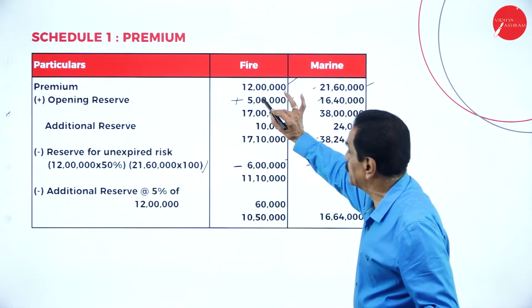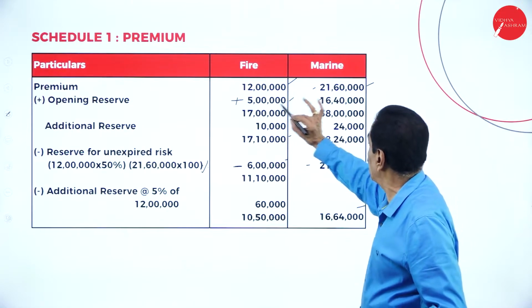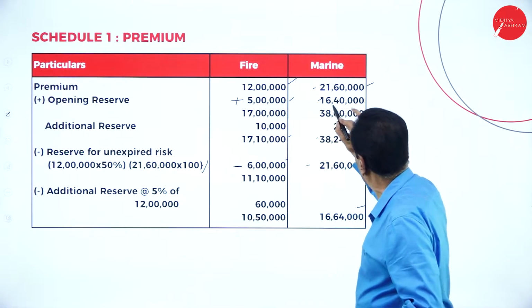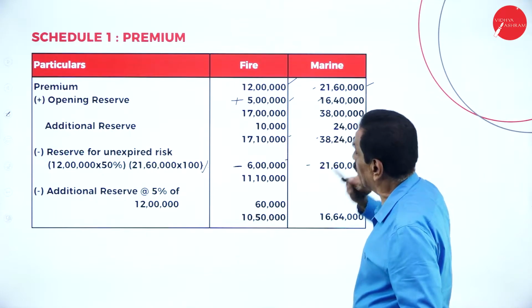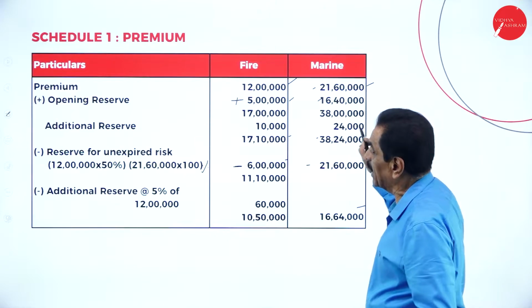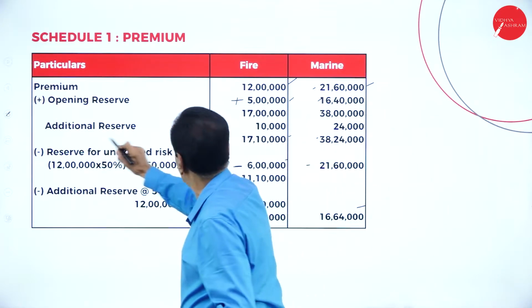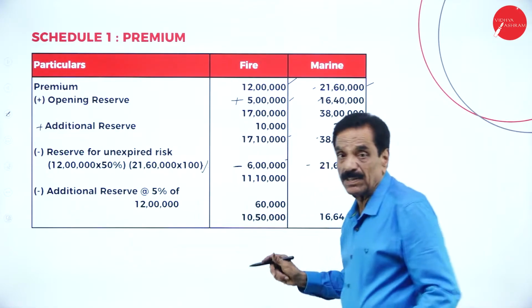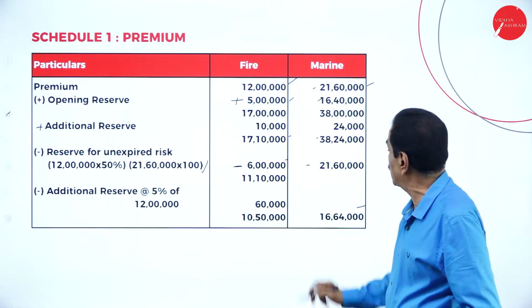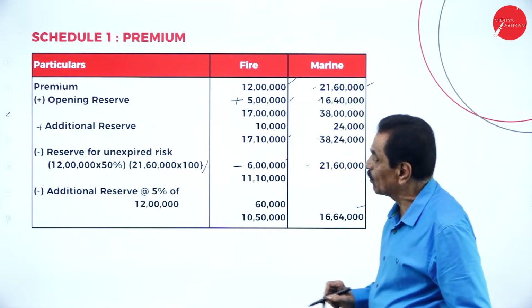Whatever the premium received as per the problem is 12 lakh, 21 lakh 60,000. Add opening reserve: 5 lakh, 16 lakh 40,000. It becomes 17 lakh, another becomes 38 lakh. Additional reserve should be added: 10,000, 24,000. It becomes 17 lakh 10,000, 38 lakh 24,000.